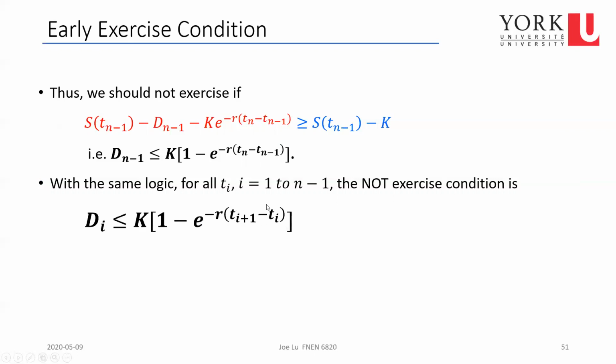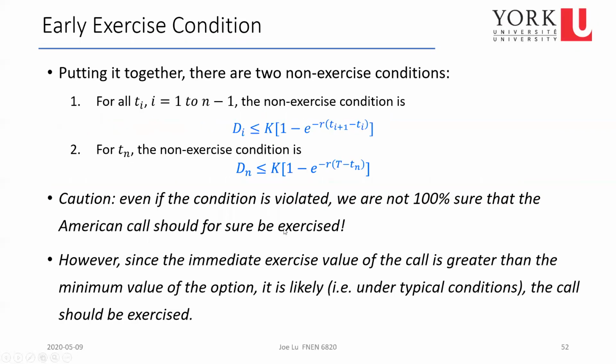So the discounting period here is really the period from now to the next dividend payment date. So putting it together, we have two conditions.